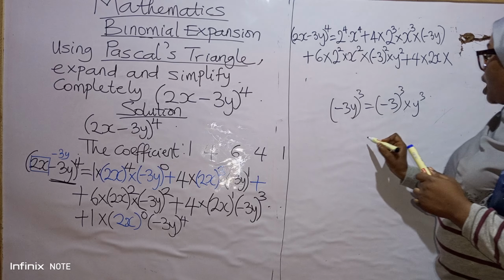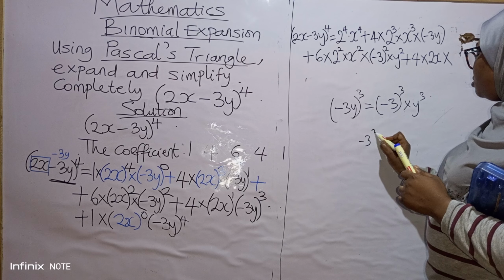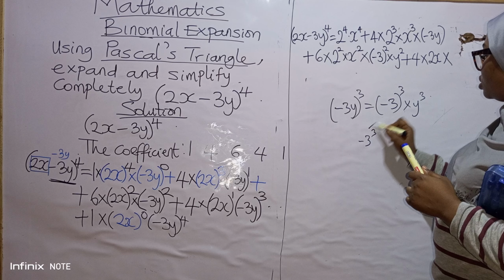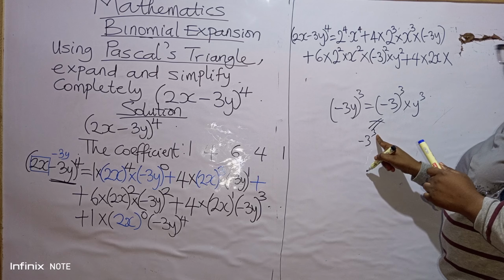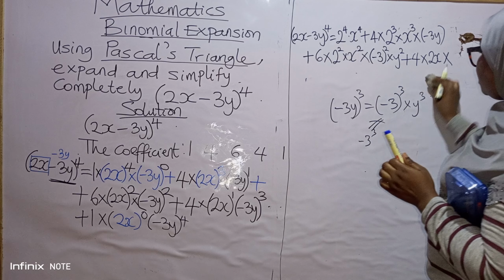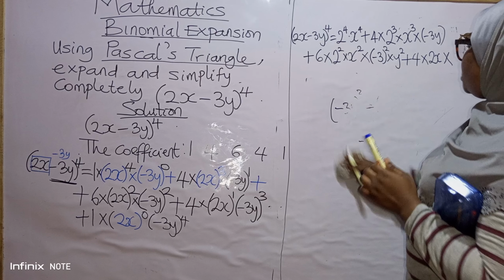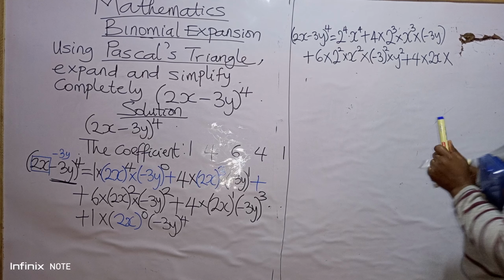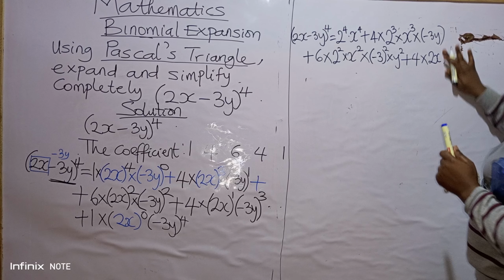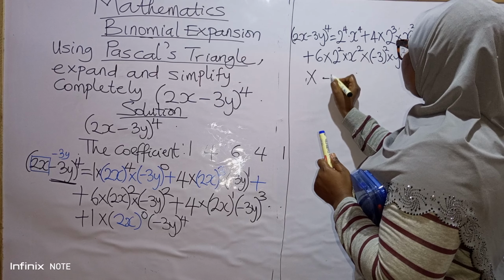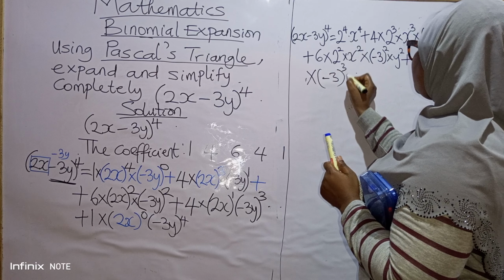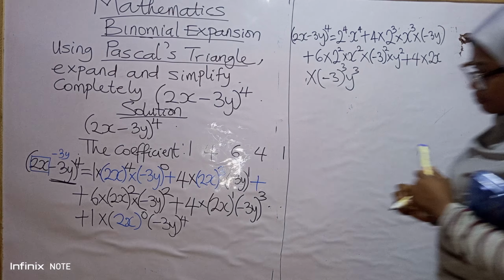Here, minus 3 raised power 3 is not the same thing as minus 3 alone, so you have to take notes. So here I have multiplied by minus 3 raised power 3, then y raised power 3.